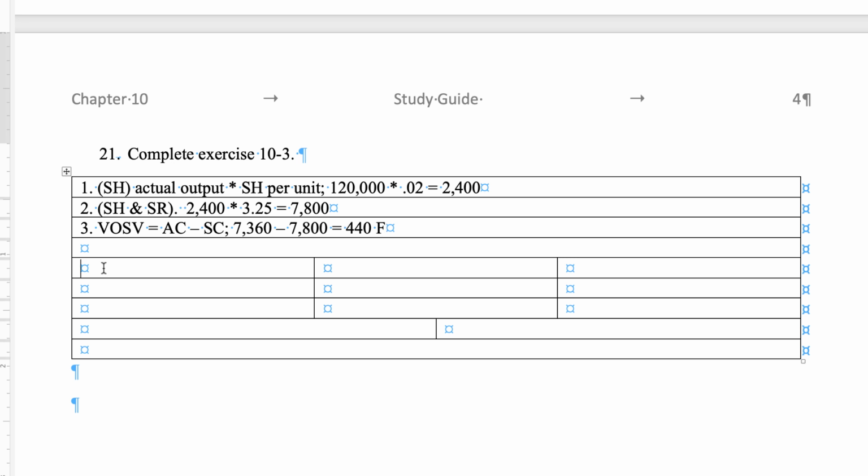So now, number 4 says, hey, figure out your labor rate variance and labor efficiency variance, okay? So to figure out the variable overhead rate variance, I gotta figure out what is the actual hours at the actual rate, and I gotta subtract that from the actual hours at the standard rate. Very easy to do. They tell us in the problem the actual direct labor hours is 2,300.